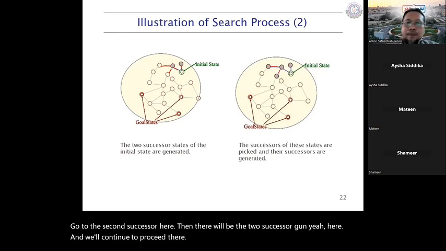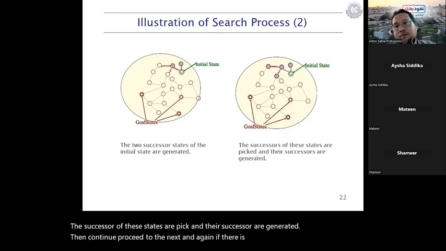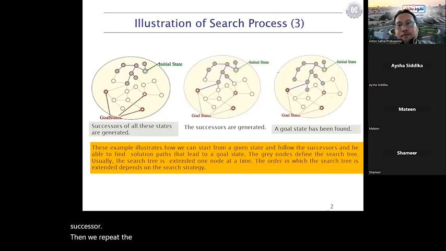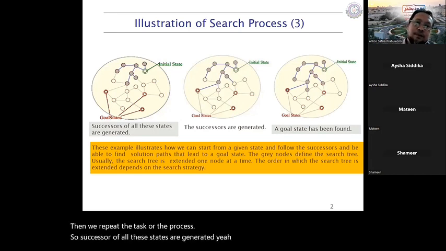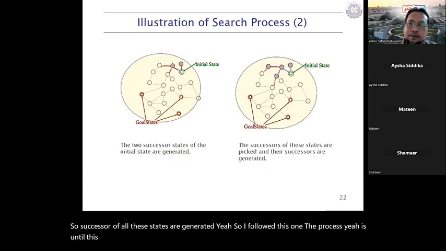Then the successors of these states are picked and their successors are generated. Then we proceed to the next, and again, if there is a successor, we continue to the next successor, and we repeat the process. So the successors of all these states are generated. We follow this one, the third process, until this, and continue with this.